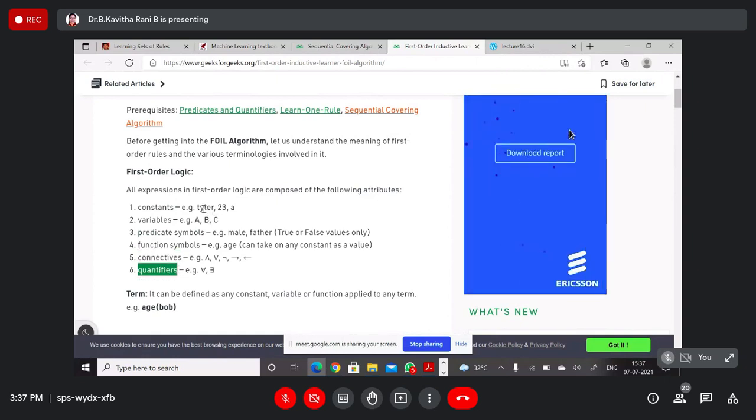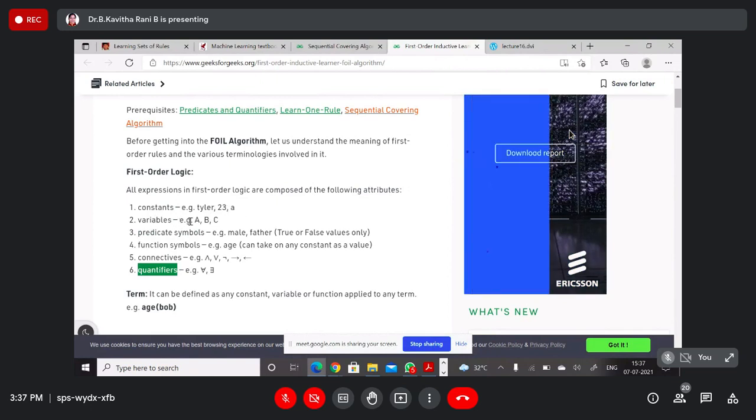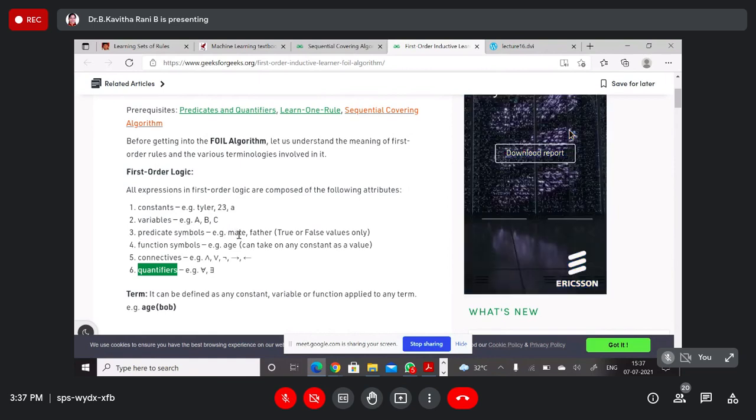Constants you can see here are Tyler, 23, A. Variables are A, B, C, likewise. Predicate symbols are male, father, and so on.